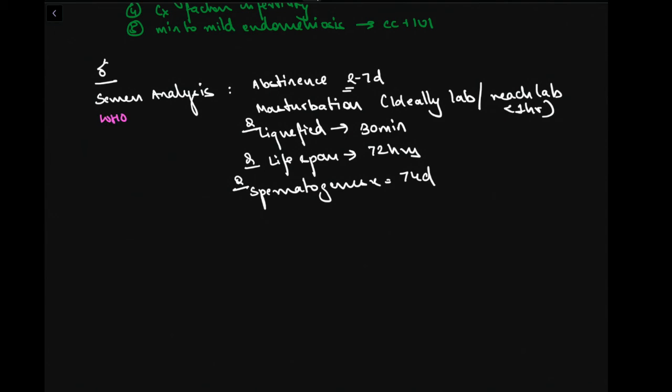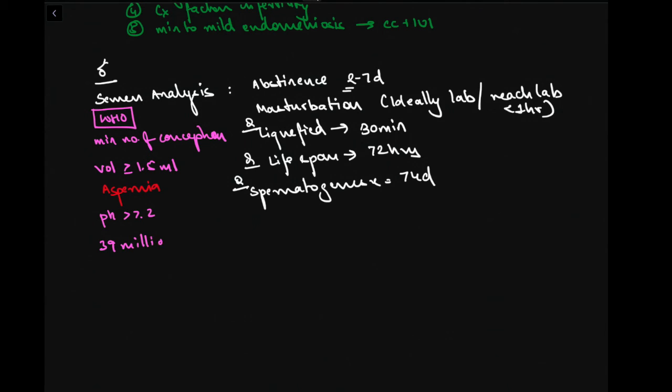Talking about the WHO criteria, so WHO specifies the minimum number of everything, right, so the volume should be more than 1.5 ml. If it is less, it is called aspermia. The pH should be more than 7.2. The sperm count should be 39 million per ejaculate.